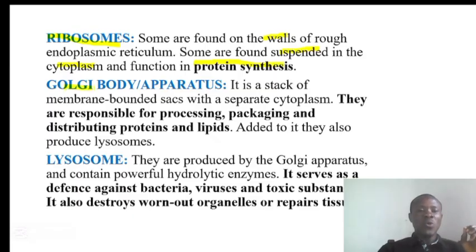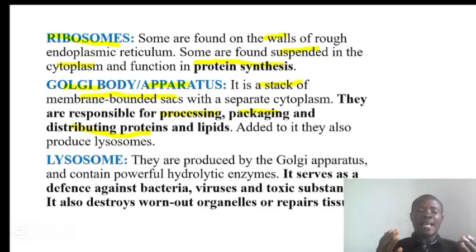And we have the Golgi apparatus. After the ribosomes have synthesized the protein, it is the Golgi apparatus that helps in the processing, packaging, and distributing of the proteins and lipids. This Golgi apparatus is a stack of membrane-bounded sacs.